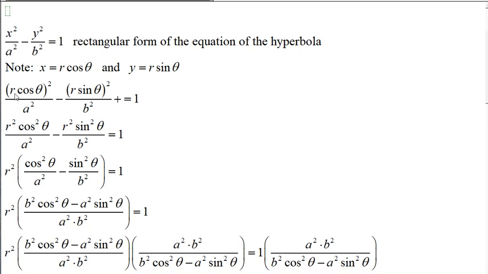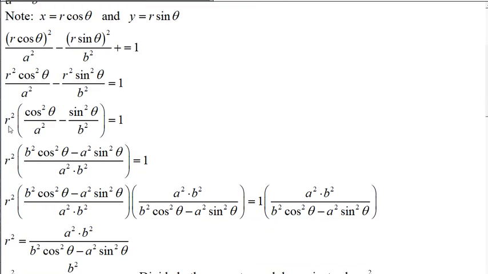And then simplifying, we get r squared cosine squared theta, r squared times sine squared theta, divided by a squared and divided by b squared. The common factor is r squared, so let's pull it out. So we have r squared times cosine squared theta divided by a squared minus sine squared theta divided by b squared.